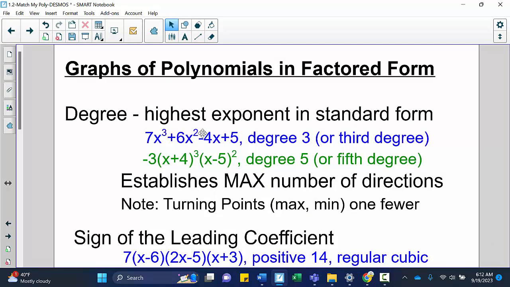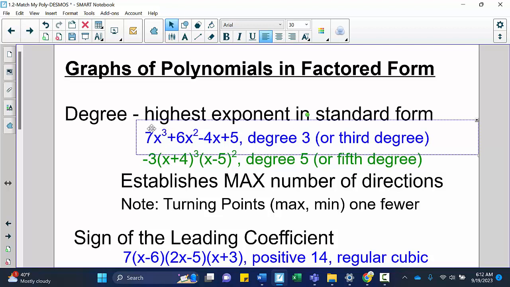So just as far as terminology goes, the degree of our function is the highest exponent in standard form. So if we look at the blue equation here, my x cubed is my highest power, and so that's a degree 3, or a third degree, or a cubic function.